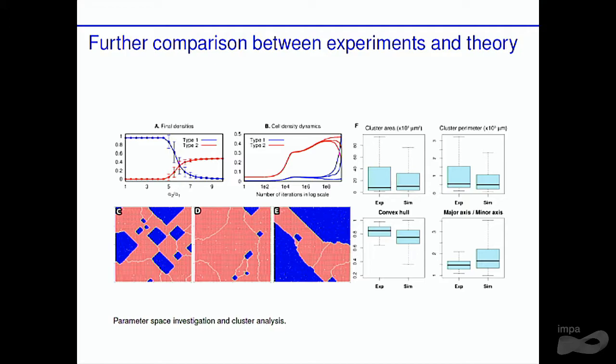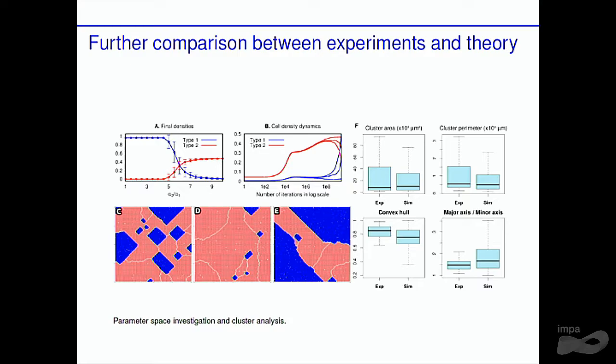We analyze the clusters of tumor cells, evaluating their area from experiments and simulations, the perimeter of the clusters, the convex hull, and the ratio between major and minor axes of our clusters. And what we got is a very good relationship between the two, especially if we just consider the modes, both simulation and experimental data.